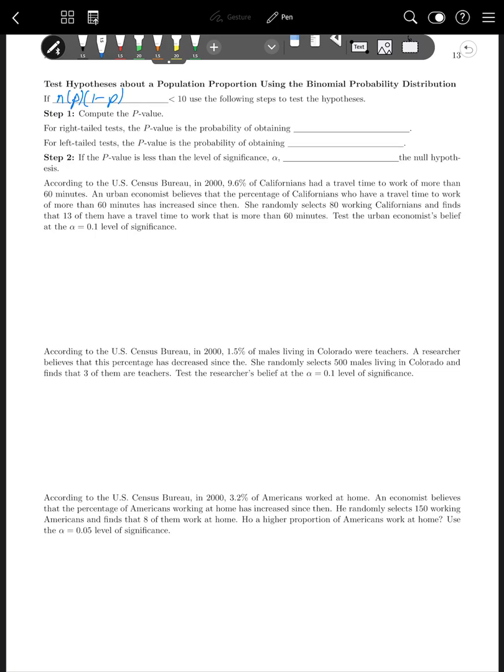Okay, so for a right-tailed test, that's going to be the probability that x is greater than or equal to p hat.